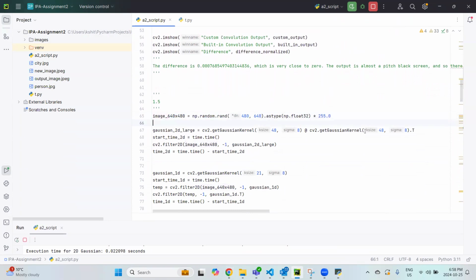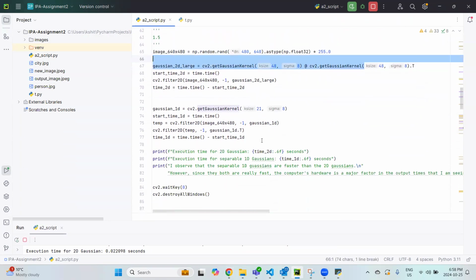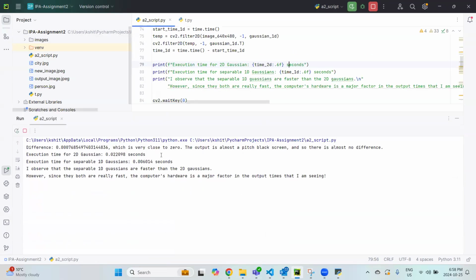I performed convolution first using a 2D Gaussian, then using 1D Gaussians, and then I printed out the execution times for both. Right here, you can see that the 2D is 0.022 and the 1D is 0.006. So you can see that the 1D separable filters are faster than the 2D Gaussian. However, since these are both really fast, the computer's hardware is a major factor in the times that I'm seeing. But you can still see the 2D takes more time than the separable 1D Gaussians.